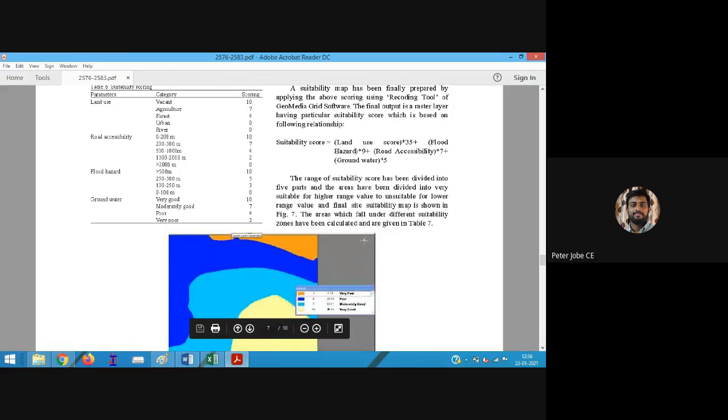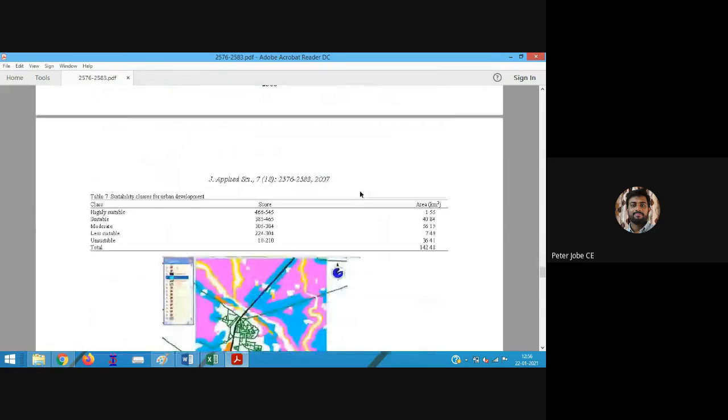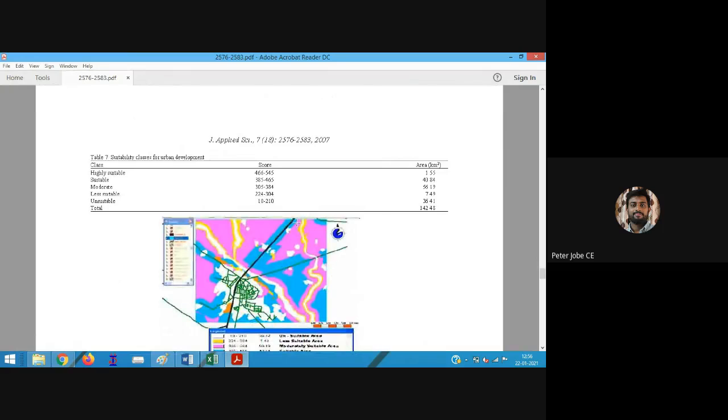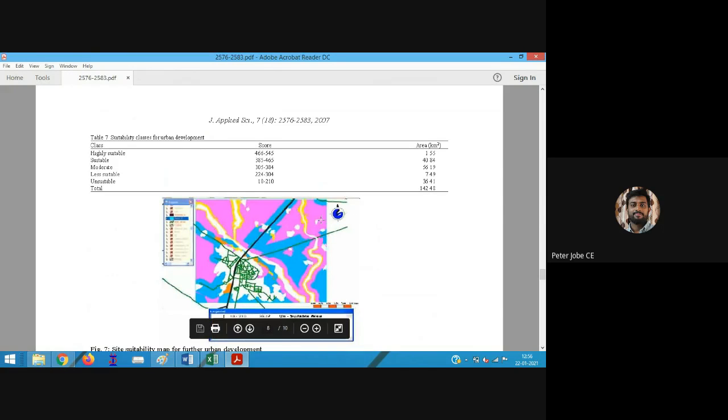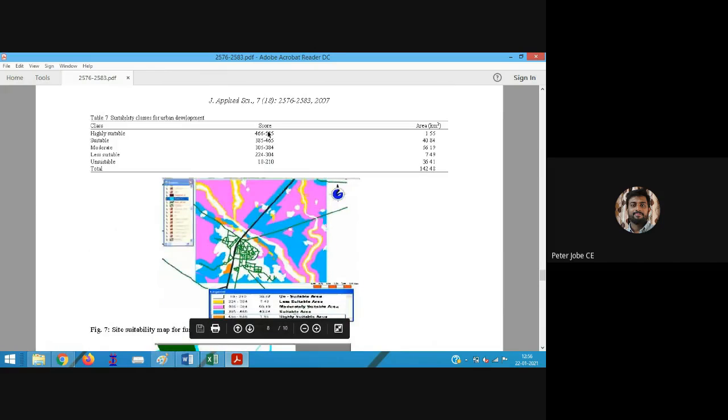Similarly, they will arrive at a final suitability score out of 550. You can see how they have finally come to the map shown in figure number 7, in which they have given a total score out of 550, and they have classified all these areas as highly suitable, suitable, moderate, less suitable, and unsuitable.